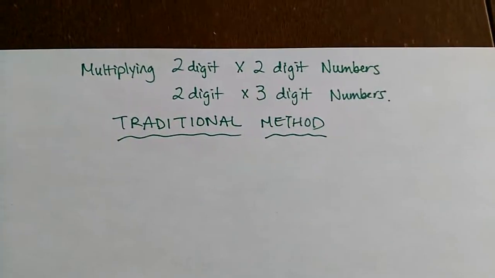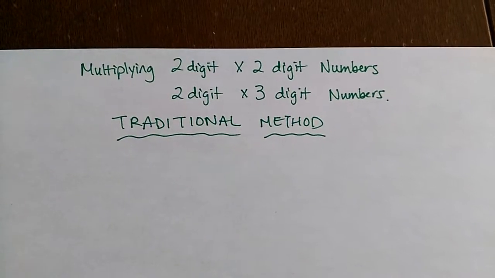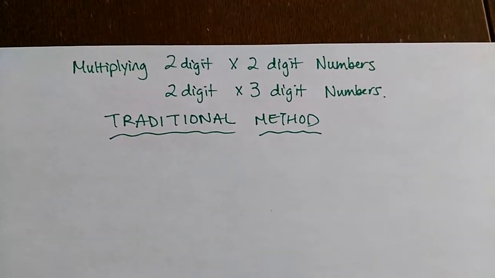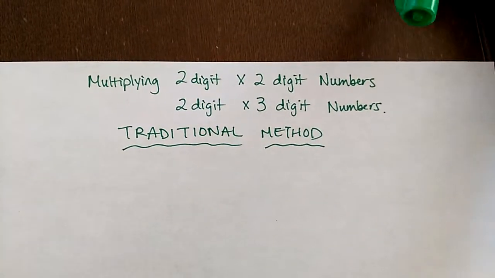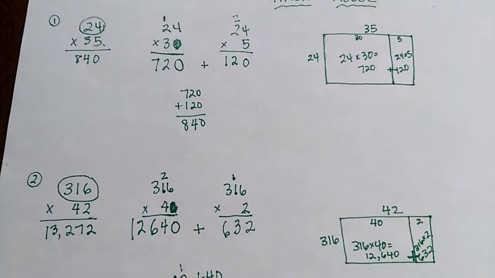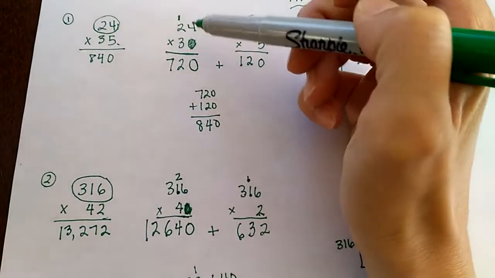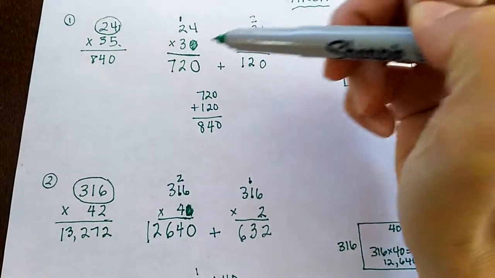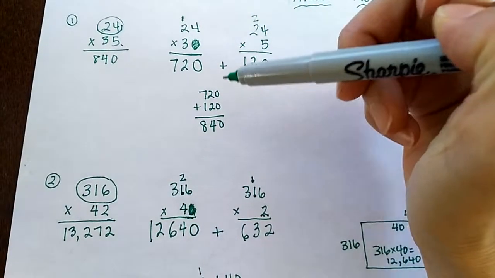Okay, now we're going to try to go over how to multiply a 2-digit number by a 2-digit number, or a 2-digit number and a 3-digit number using the traditional method. So if you looked at my other video using the area model, you can tell that breaking it up sometimes takes a long time because you have to write out this problem and you have to write out this problem and you're finding this product and then you're adding it together.